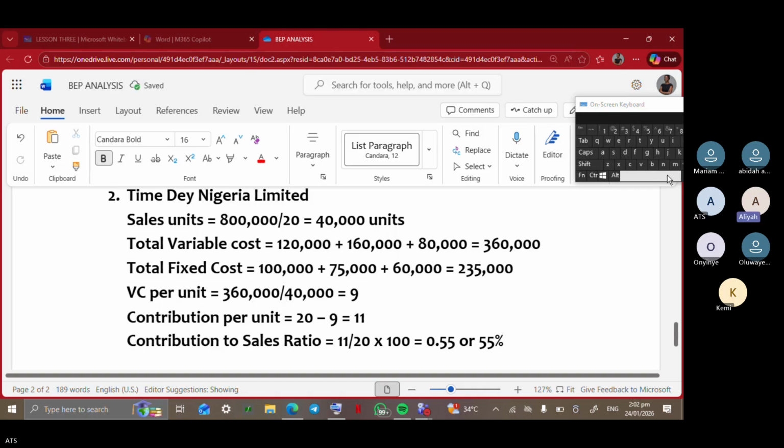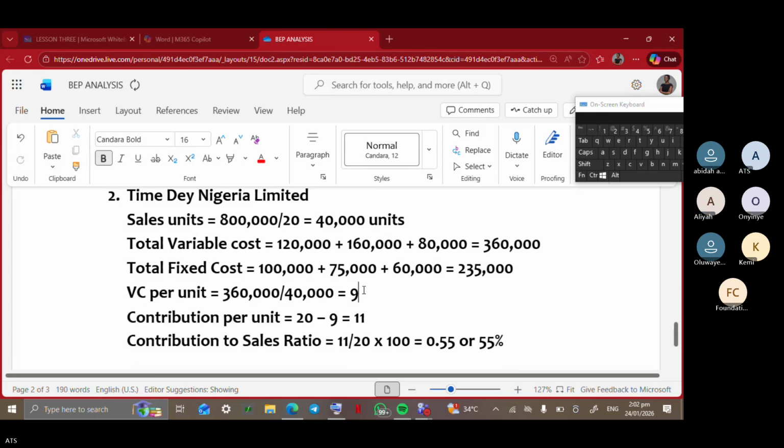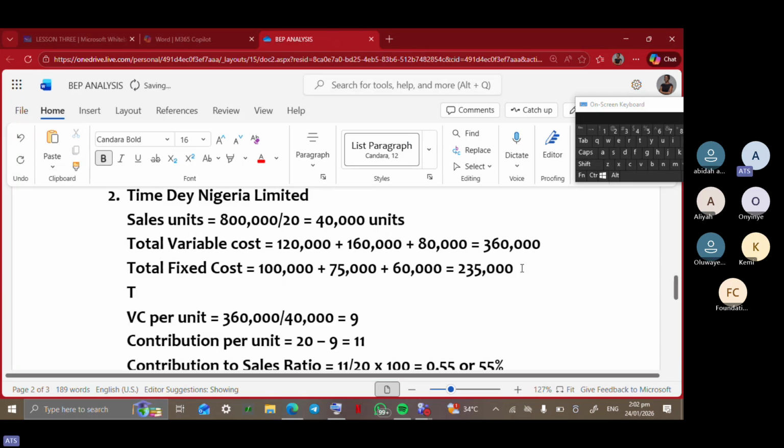Ma, what did you call the formula for contribution to sales ratio? It's just contribution over sales times 100, or you can just leave it as contribution over sales. So it could either be contribution over sales or contribution per unit over sales per unit. Now we use contribution per unit over sales per unit. But what if we want to use total contribution over sales? What's total contribution?